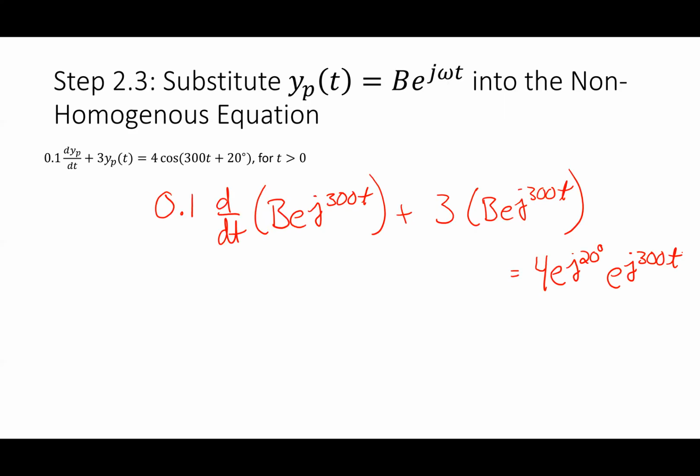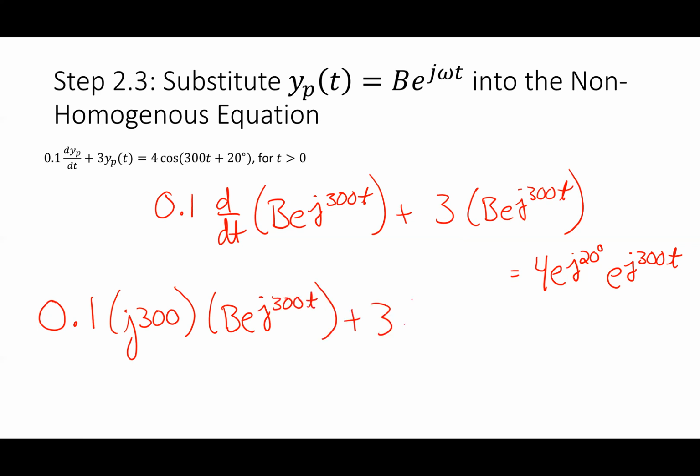What do I do? Take the derivative. What's the derivative of that? j 300. So 0.1 times j 300 times B e to the j 300t plus 3 times B e to the j 300t is equal to 4 e to the j 20 degrees times e to the j 300t.